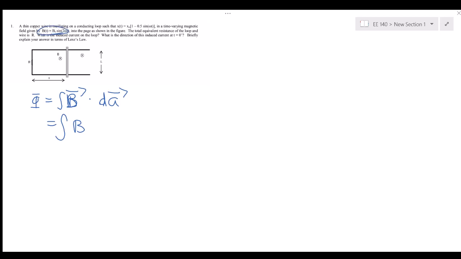Later on we're going to replace it with B naught sine 2 omega t, but for now we'll just write B. And then our area: L is going to be constant. However, our x is varying, so we write dx, and we are going to be integrating from 0 to x.